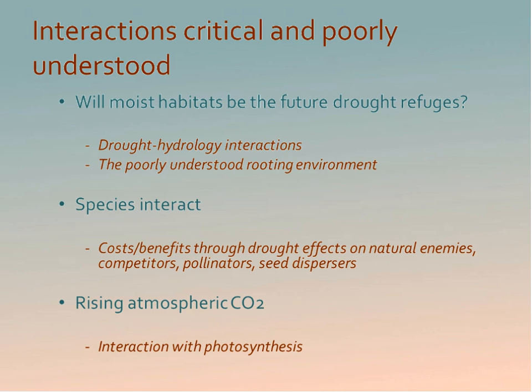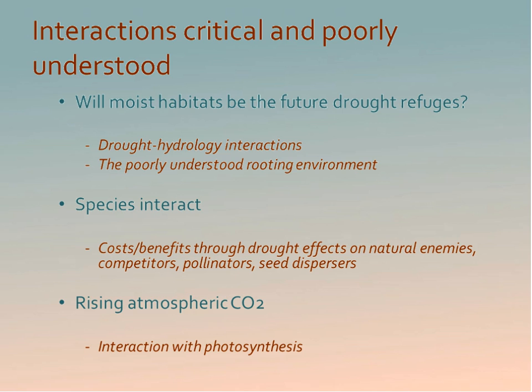A few more of these interactions. One of the things that, of course, is you can have plenty of moisture-demanding species living in dry climates, just because of the interactions between hydrology, drainage, and drought. Well, we don't know exactly how that's going to play out.